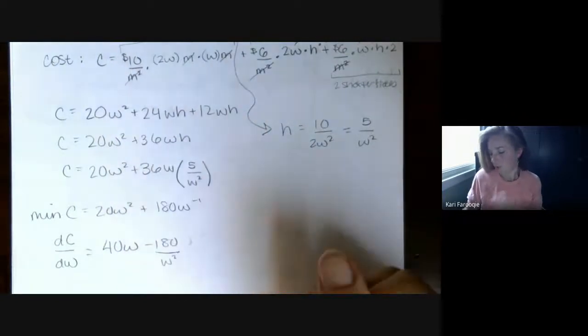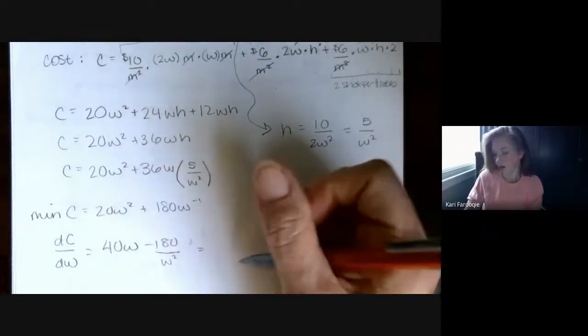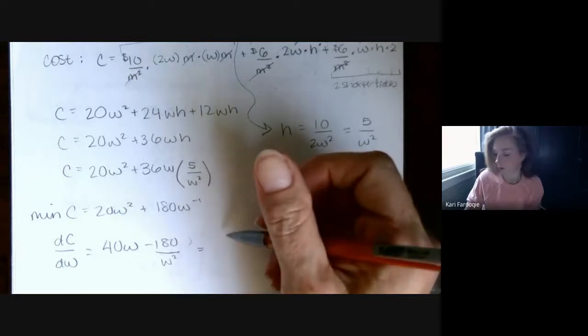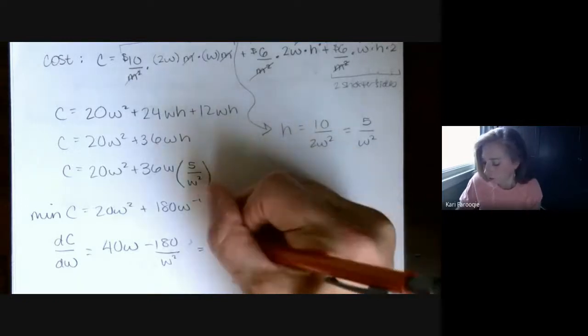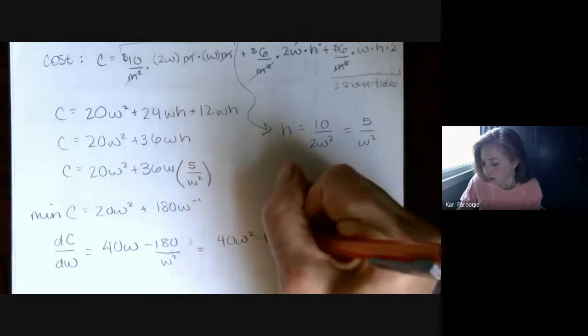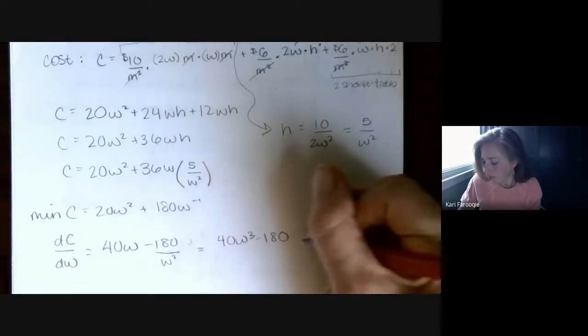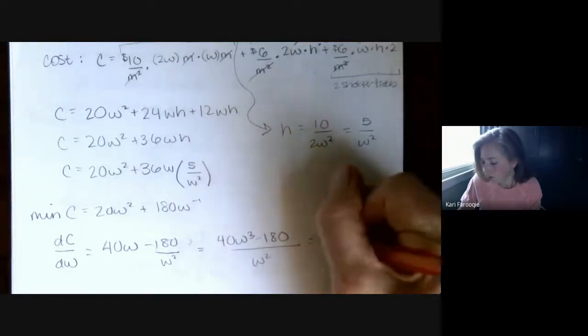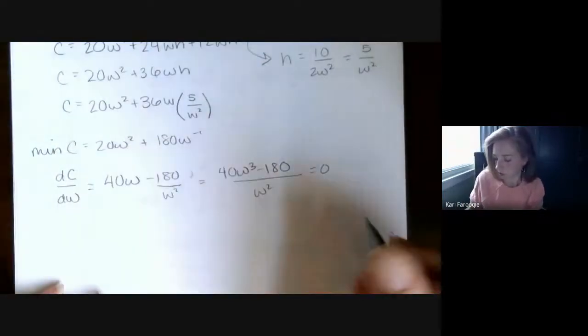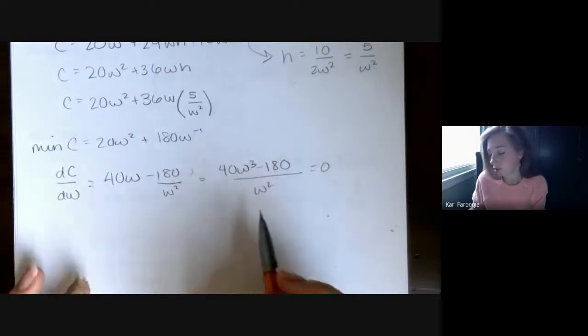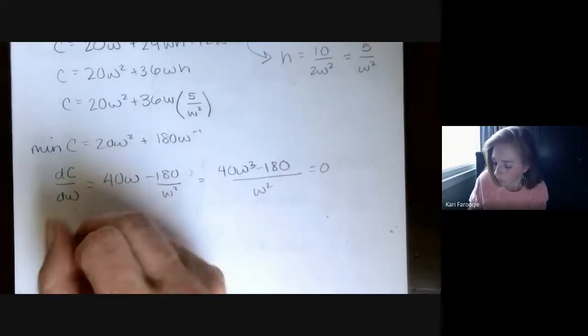That's kind of what we were doing just because we were getting this into one fraction. In general, for a case like this, you don't need to worry about it. But if you want to be consistent and do the same thing all the time, then just do that. And then you can focus on letting your numerator be equal to 0, because you don't need to worry about your denominator being 0, because if w is 0, the width of your box is 0, then you don't have a box.